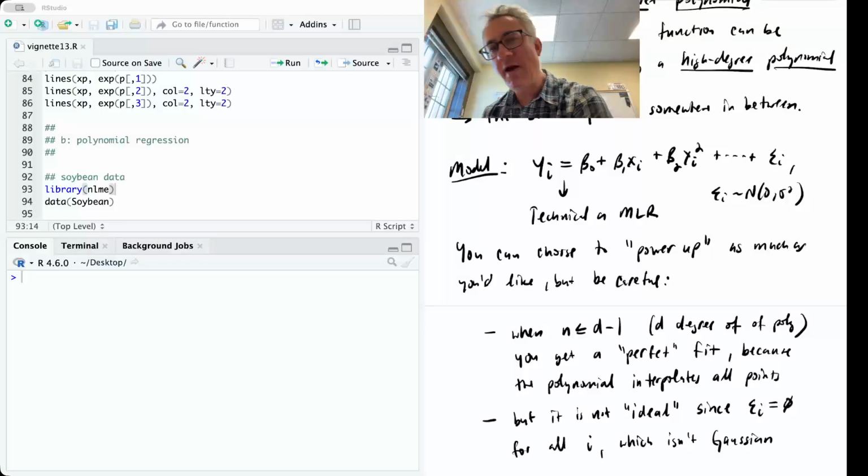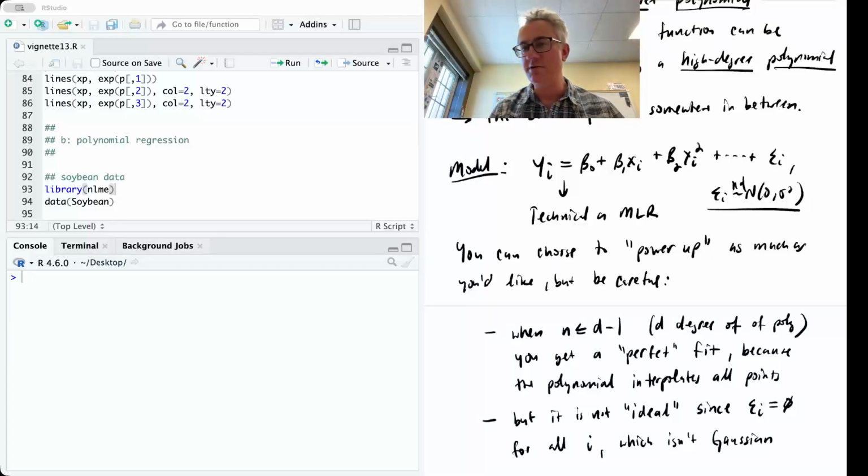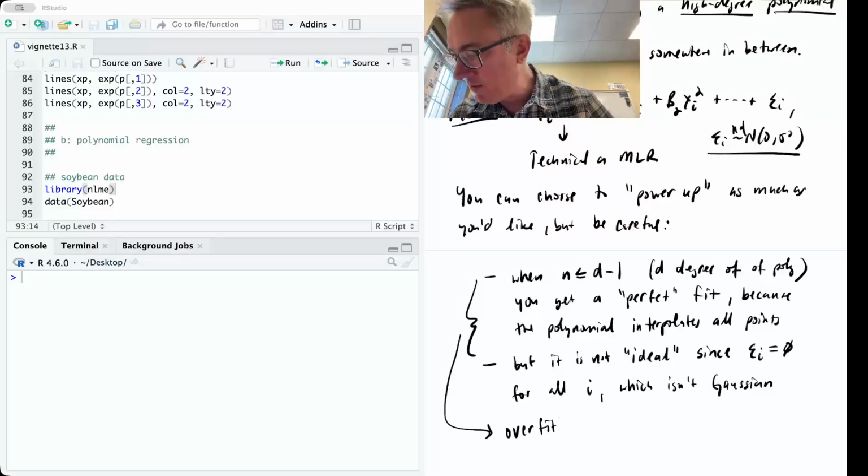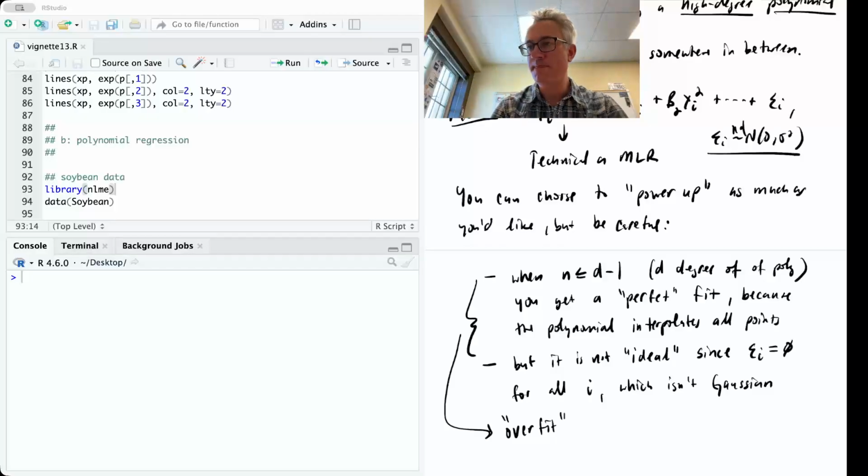In fact, it doesn't have a distribution at all. It's not at all random. And so it violates the key modeling assumption that your epsilons are IID Gaussian. So these two things together describe what is known as overfit.